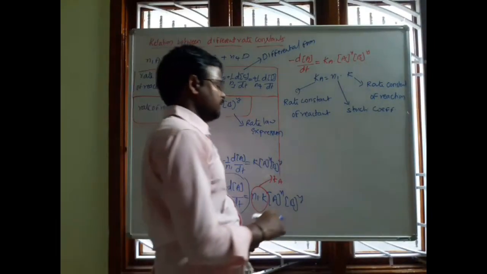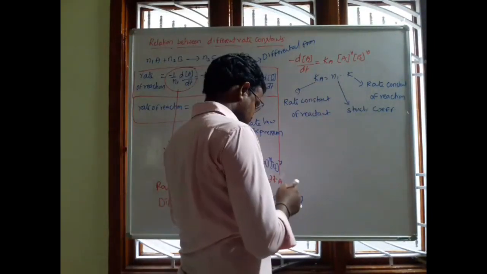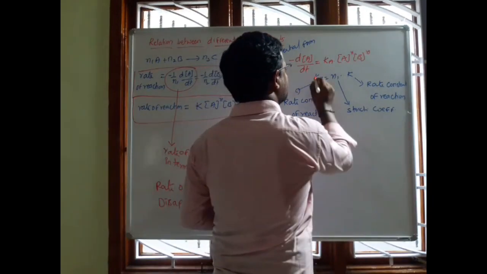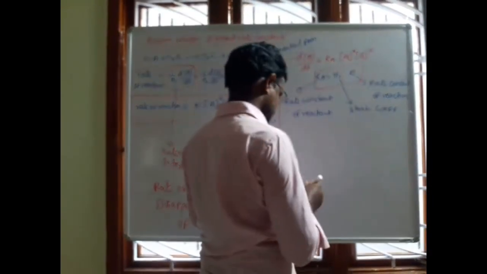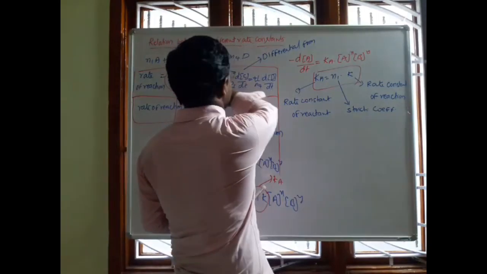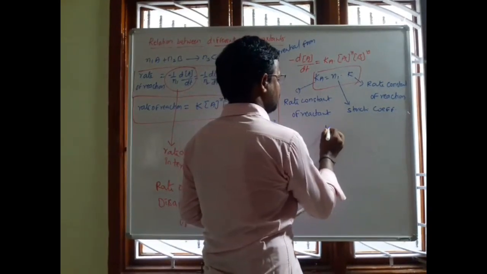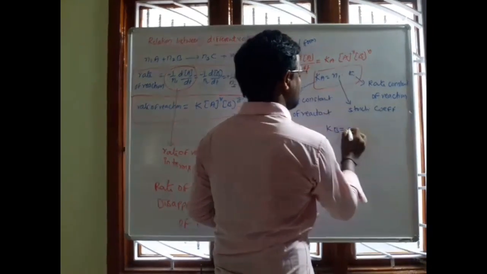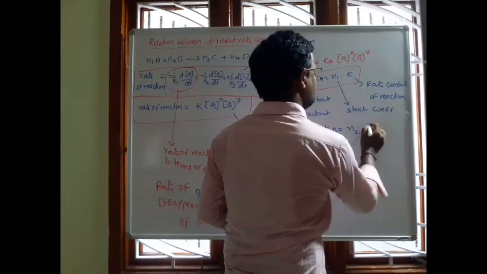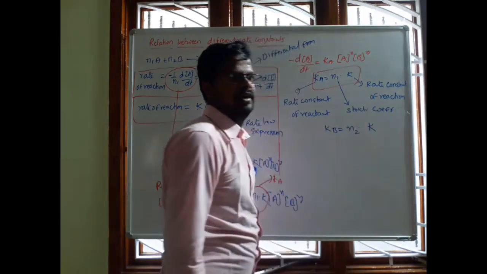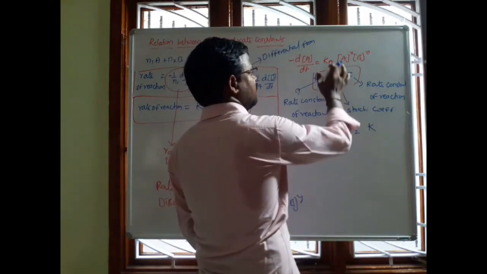In the same manner, for reactant B, Kb equals its stoichiometric coefficient N2 into the rate constant of the reaction.